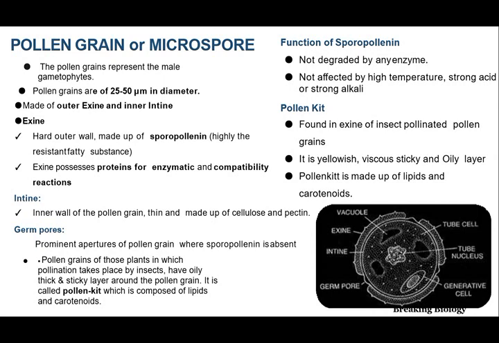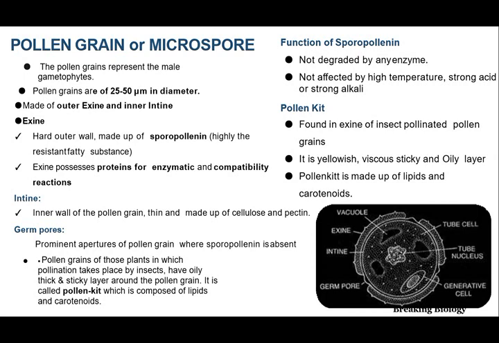Now exine is made up of sporopollenin. I told you that sporopollenin is the substance which forms the outer wall of the exine, and it is the most highly resistant organic substance known on the earth. So this sporopollenin makes the pollen grain a fossil protective substance.